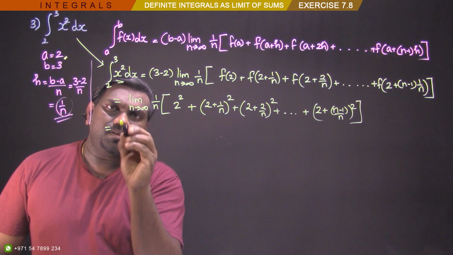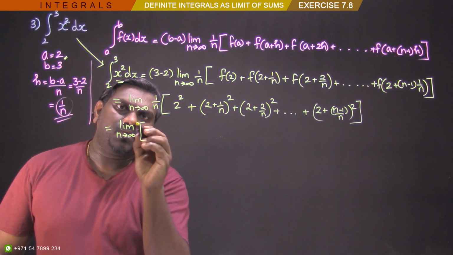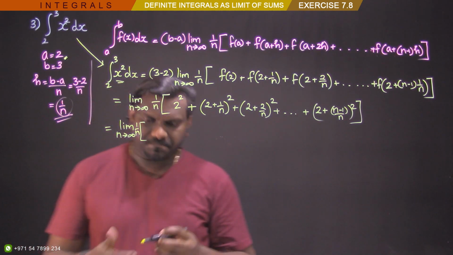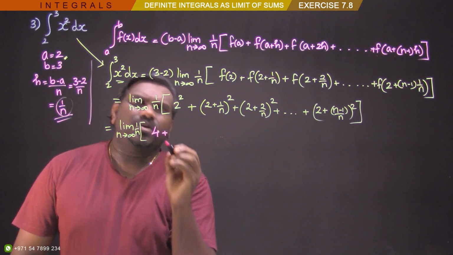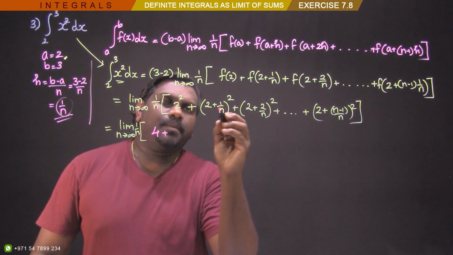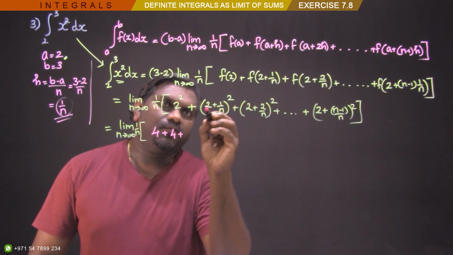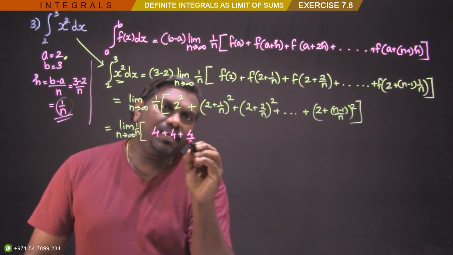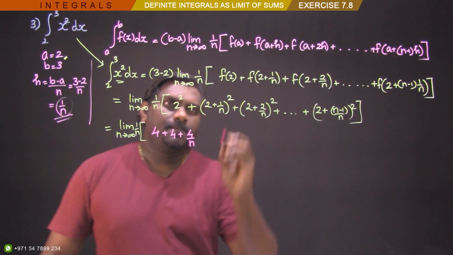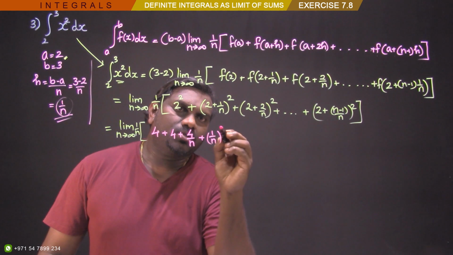That would give me limit n tending to infinity, 1 by n. Let's write 4 itself. This is going to be a plus b the whole square, so 4 plus 4 by n plus 1 by n the whole square.